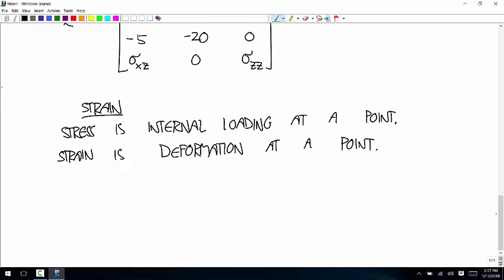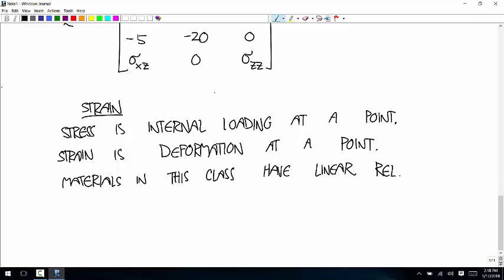We are only going to deal with materials. So materials in this class have a linear relationship between stress and strain at any point.